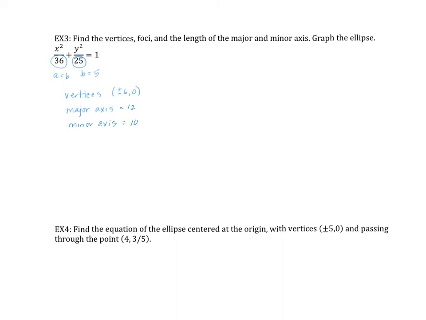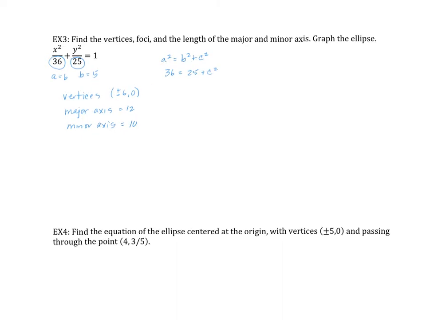Now the foci you get because you know that a squared is equal to b squared plus c squared. Remember, the foci are the c value. And you know what a squared is. A squared is 36. You know b squared is 25. So you just have to solve for your c value. In this case, it turns out c squared is 11.